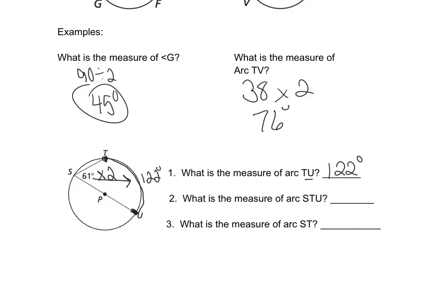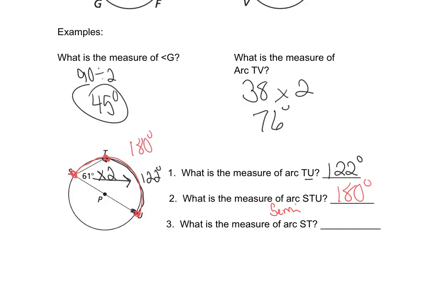Okay. The measure of arc STU, so I have here is S coming through T all the way over to U. If we look at that, STU has a diameter there. It's a semicircle, which is 180 degrees. So I know the whole thing is 180 degrees.